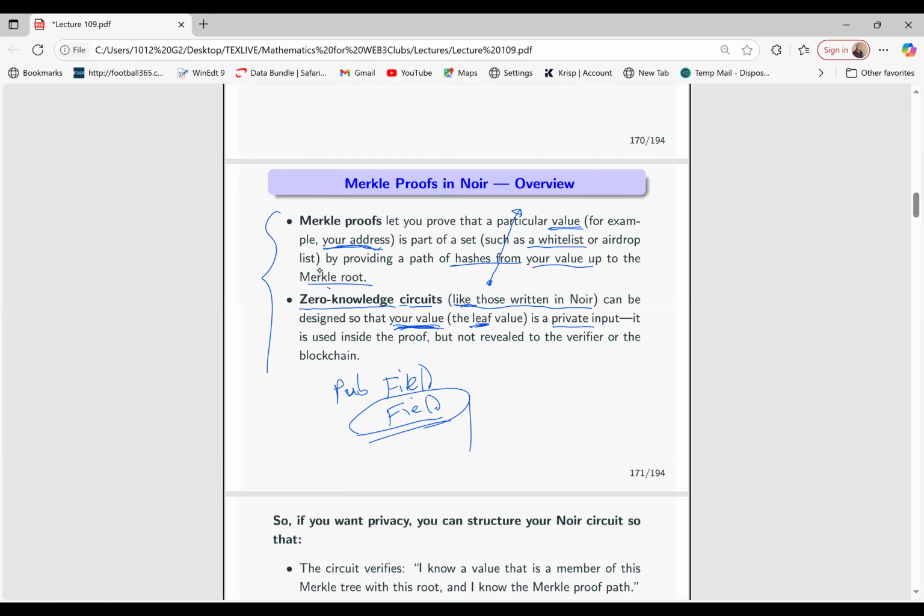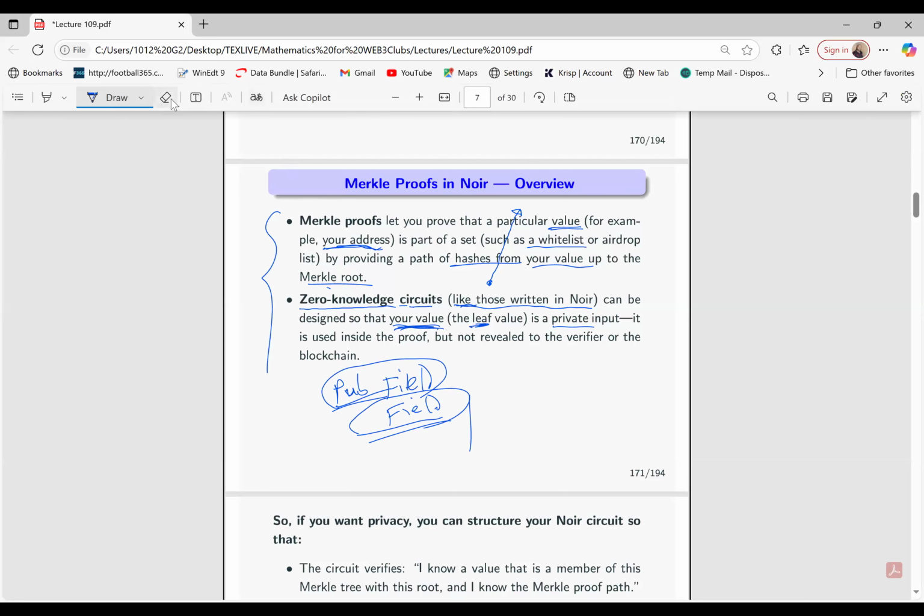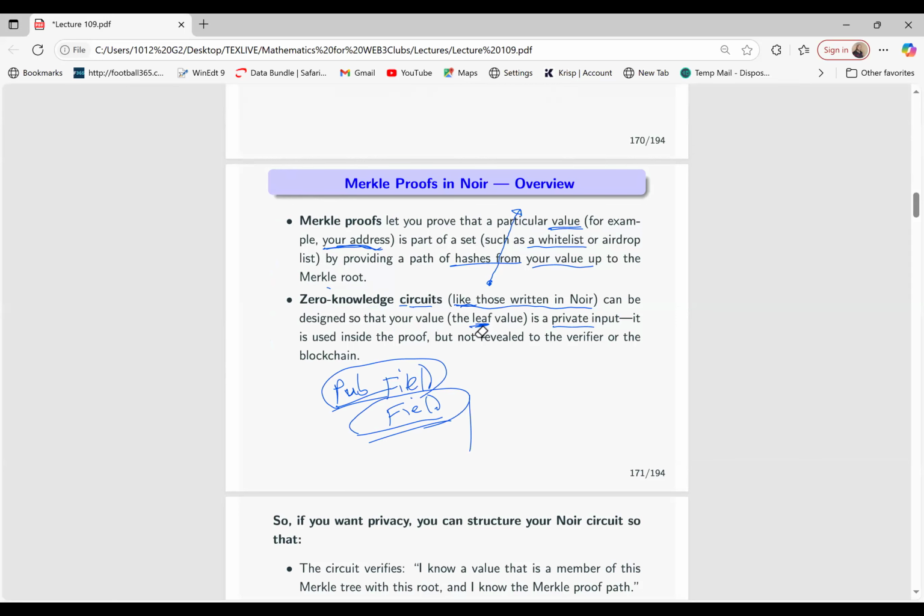When you write the word pub, it's understood that that field is public, so the verifier can access it. The public knows it, so it's not a secret. But what you want to be a secret, like the leaf, you make private. That is what brings in zero knowledge proof.